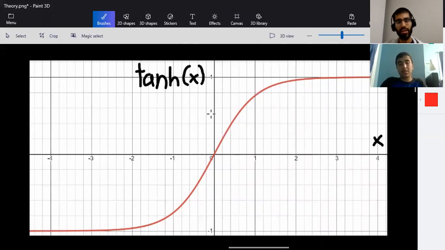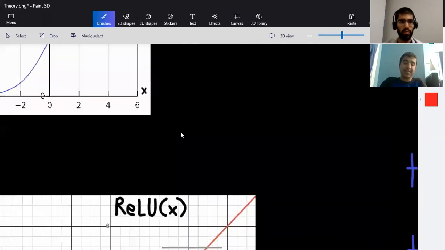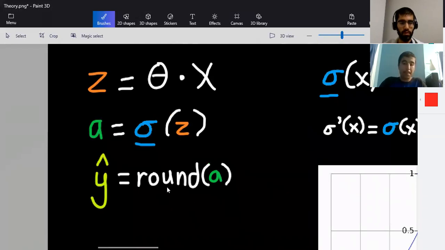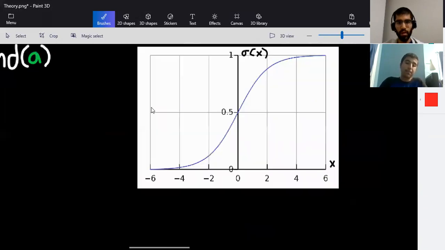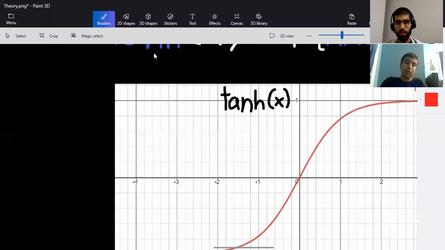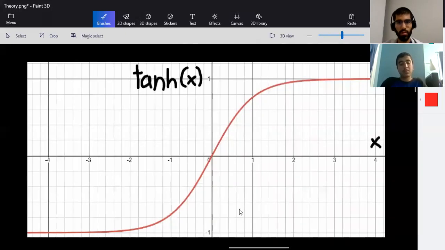So let's say you're making a self-driving car algorithm, and for some reason you're doing it with some kind of regression. Now, it's not going to be logistic regression where you get out a value from 0 to 1. Instead, we're going to set the activation function to the tanh function, where you get out a value from 1 to -1.